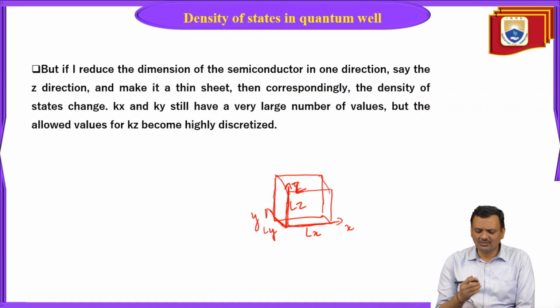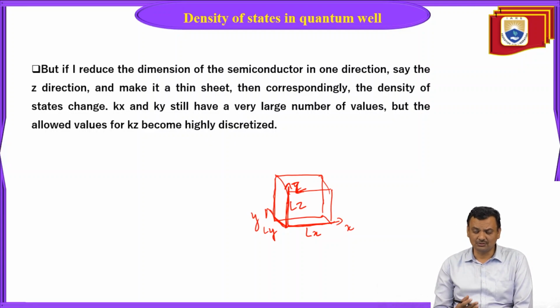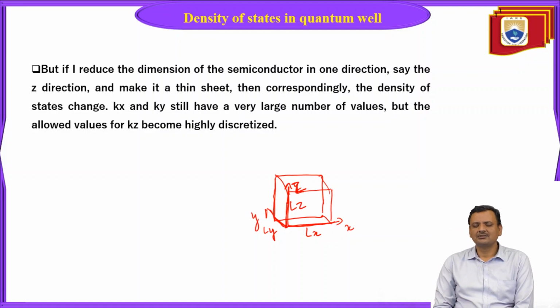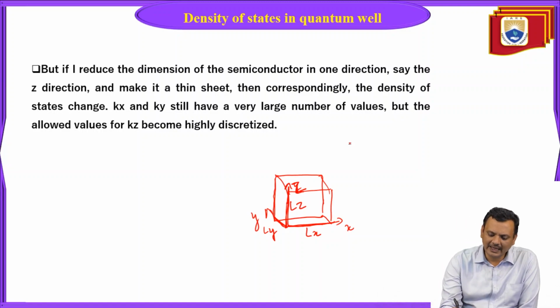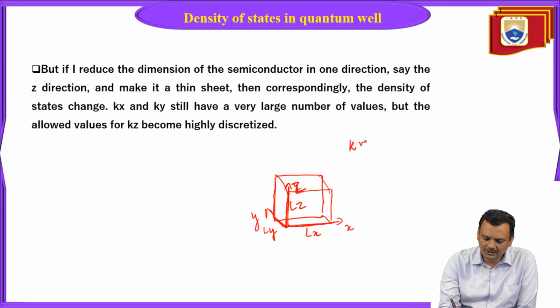Once we solved for the allowed energy states, the available solutions for the electron wave function in terms of k, we found that the k values are discrete in nature.